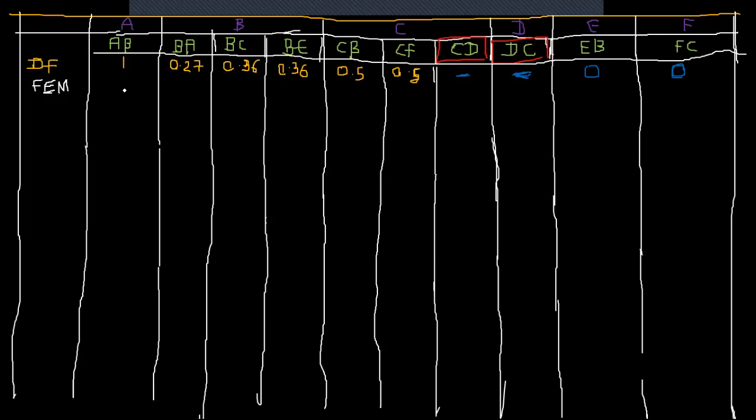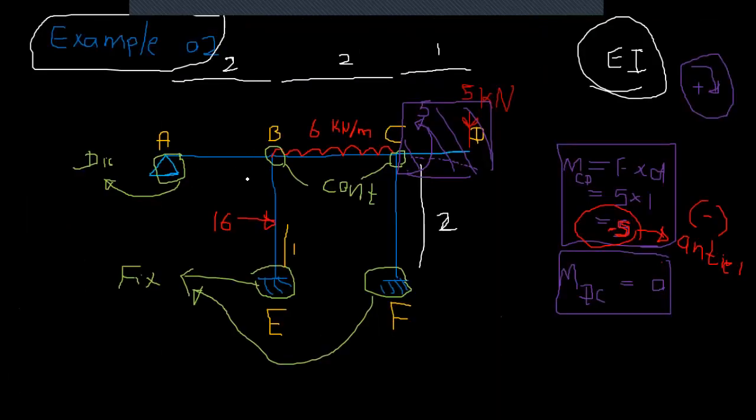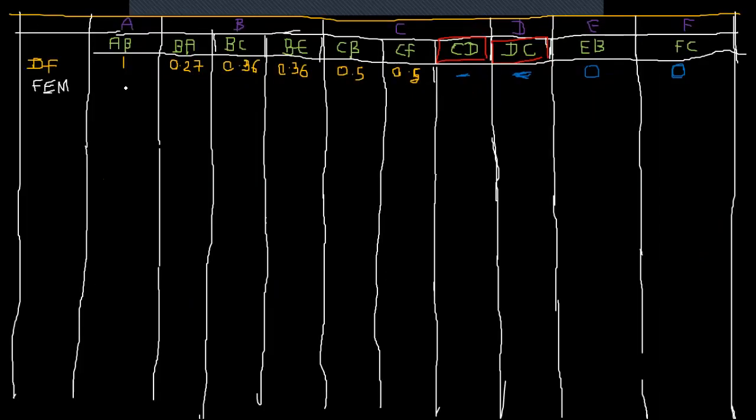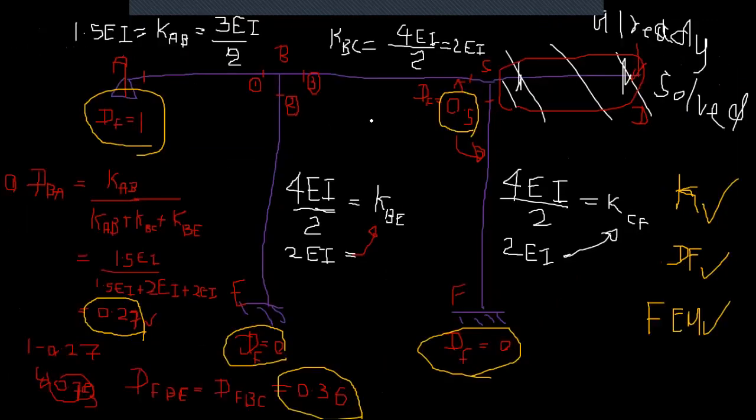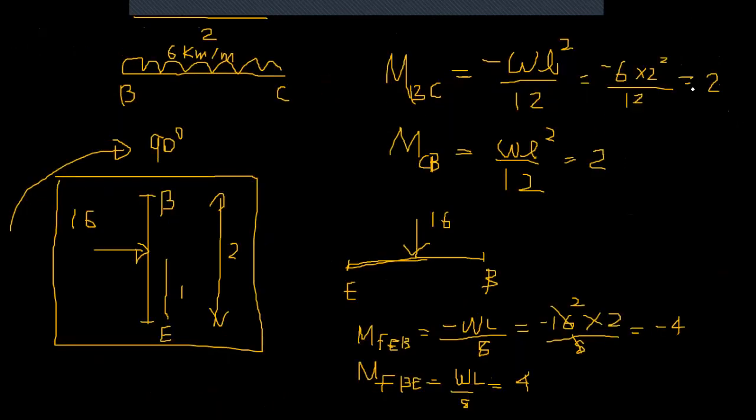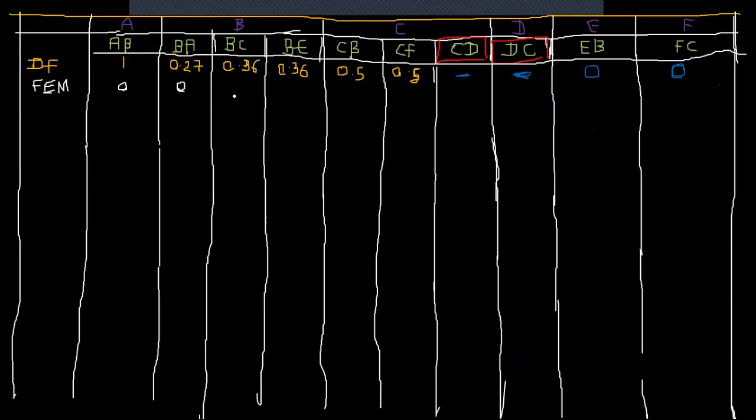At AB you don't have any loading, so AB and BA are 0. For BC and CB, here it's -2 and here it's +2.